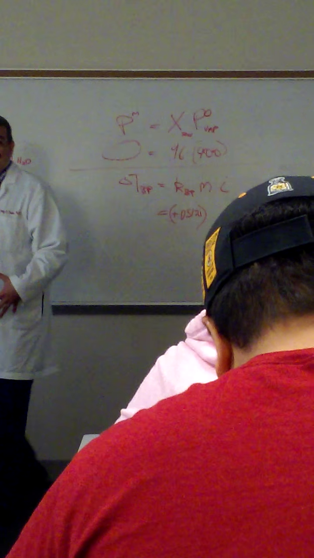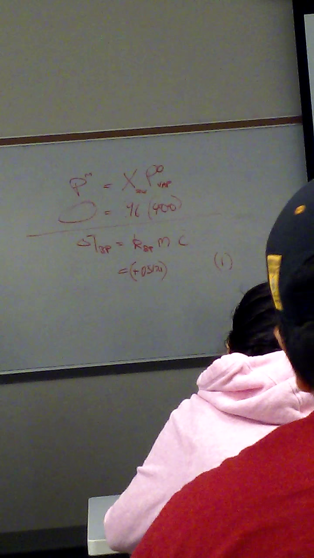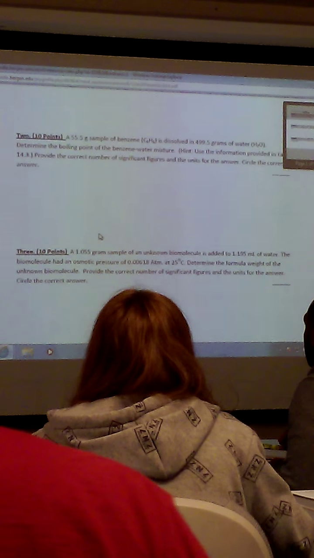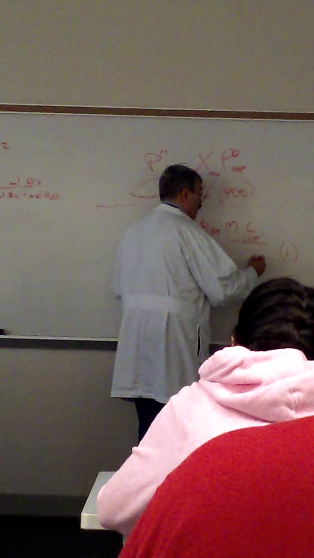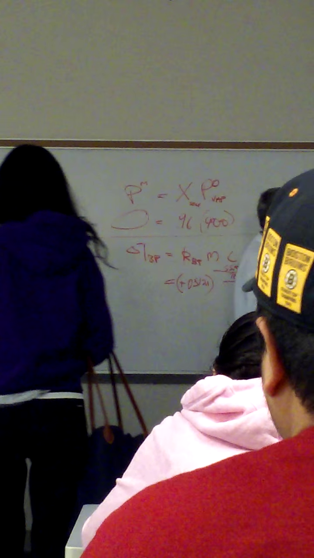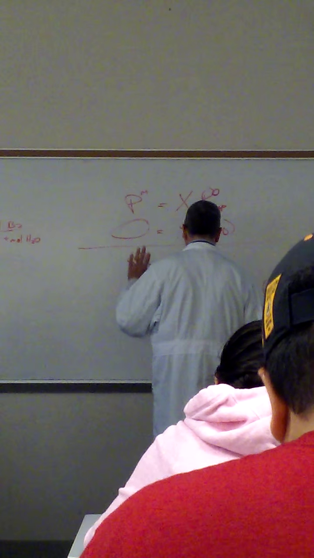Then you're going to plug the molality in. Okay? Going back. 55.5 is divided by the formula weight of benzene, which I said was, and per kilogram, which is 0.04995 kilograms.